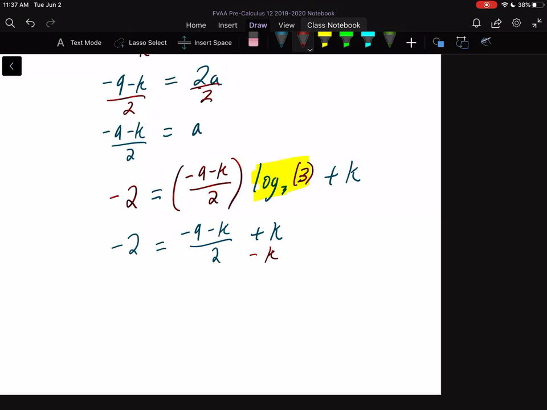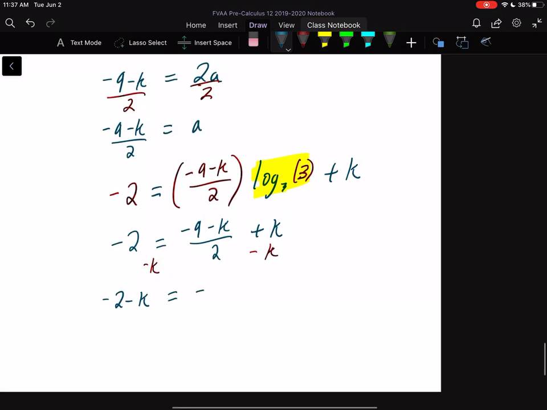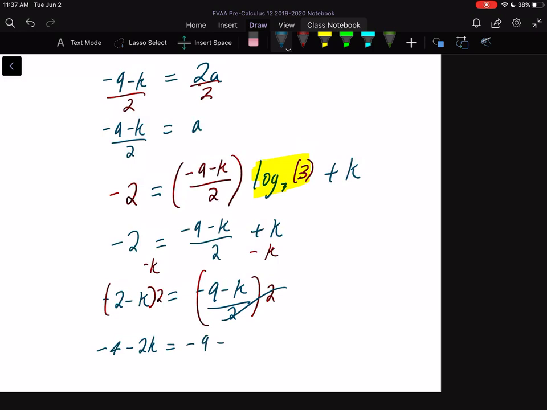So if I do minus k, I get -2 minus k. This is equal to (-9 minus k) over 2. Then I'm going to multiply both sides by 2. That's going to cancel out the 2 here, and I get -4 minus 2k is equal to -9 minus k. Okay, and then we go from there.